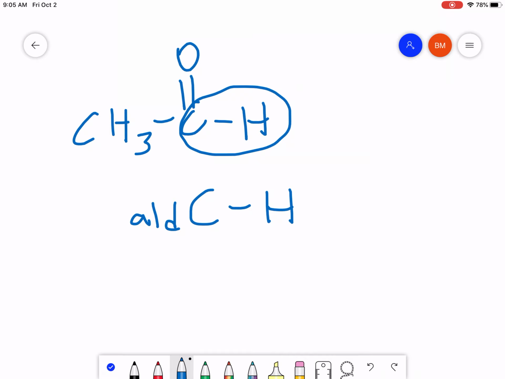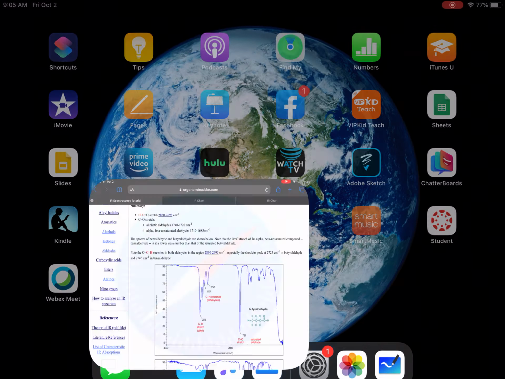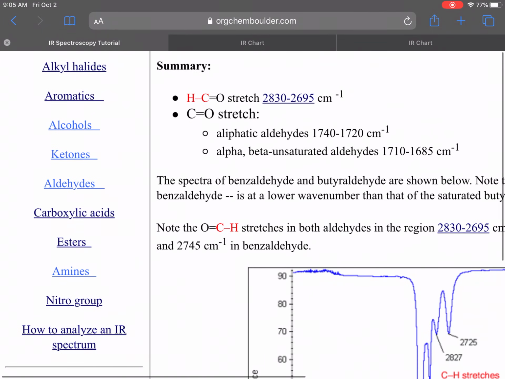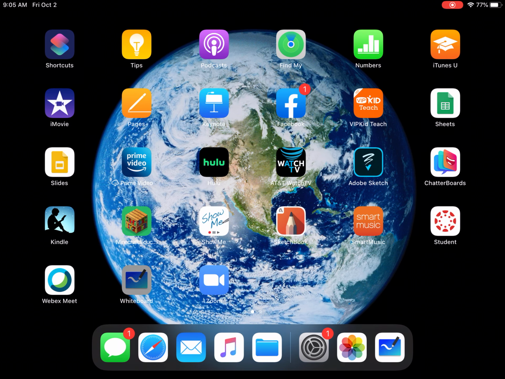It's sp2 hybridized, but it doesn't appear where the alkene version of this appears. So this one has its own special category, aldehyde CH. And if you look over here, it says the aldehyde CH stretch appears between 2830 and 2695.